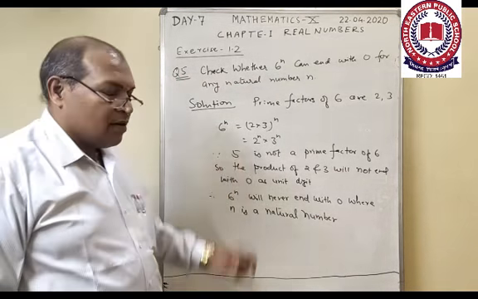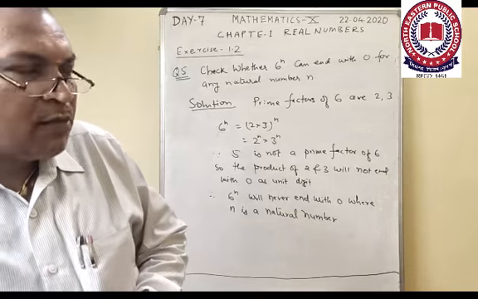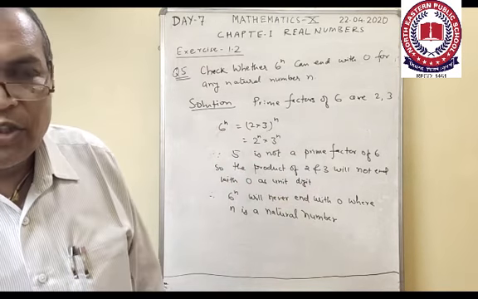So this is the reason why we cannot get 6 power n ends with 0.